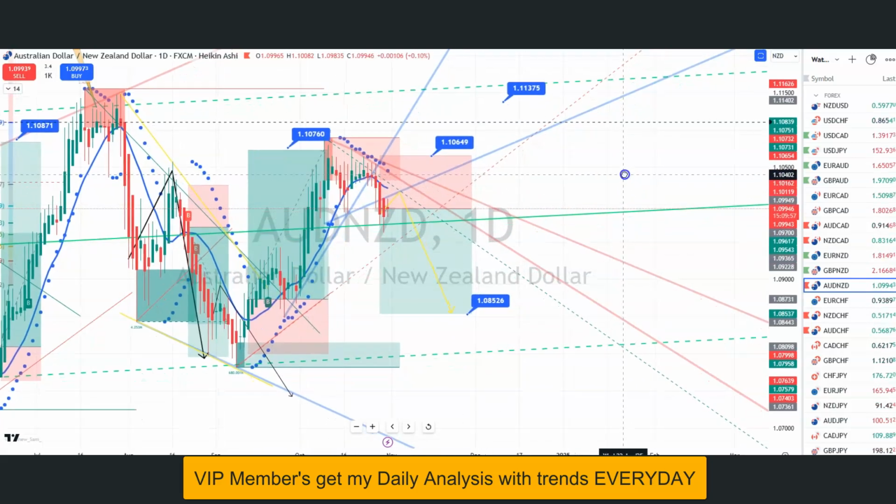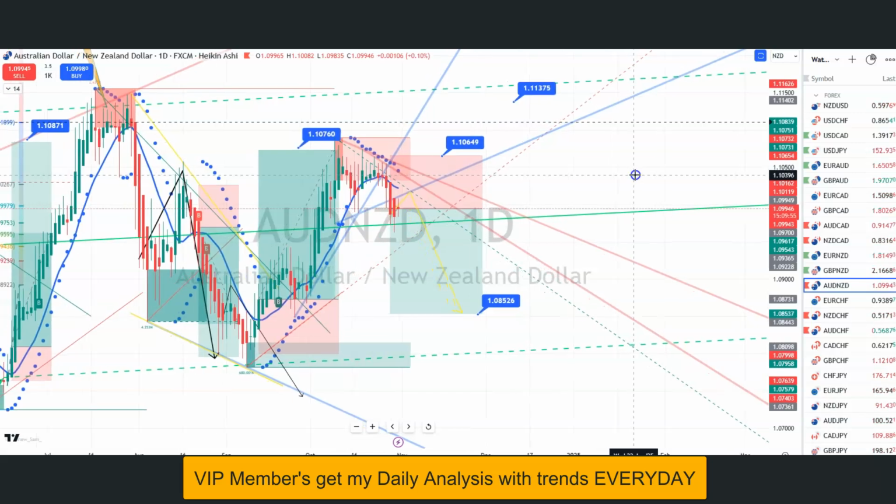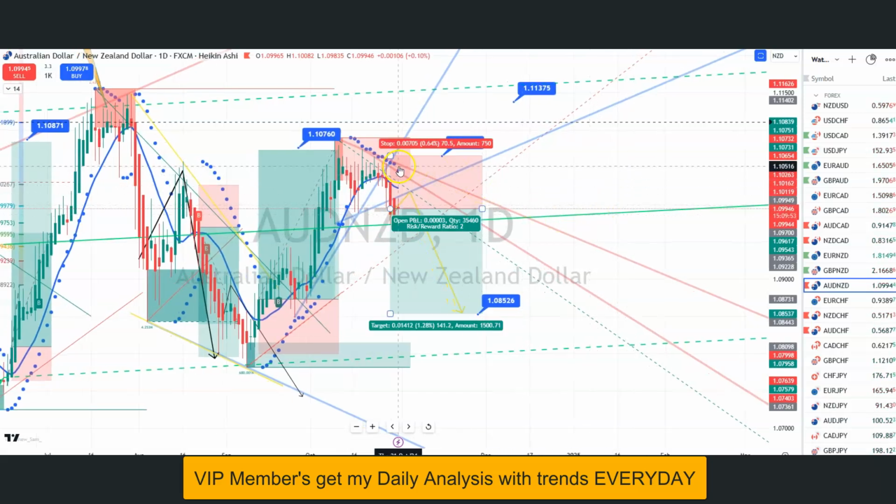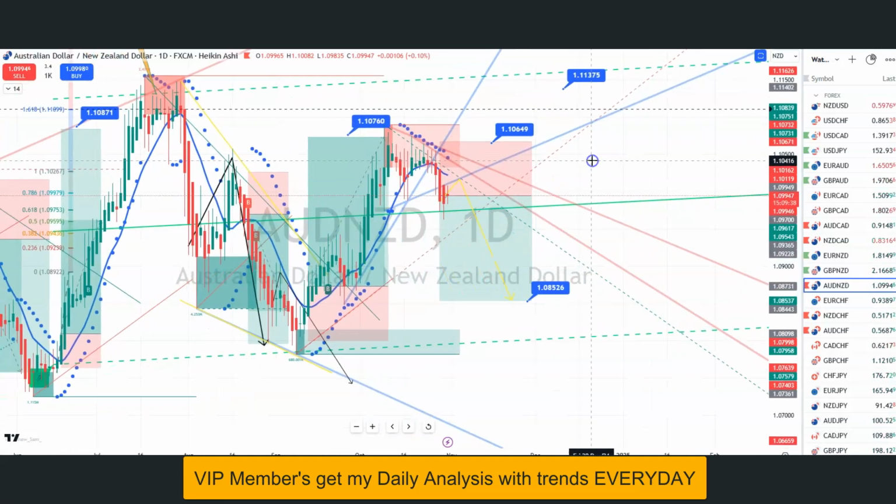So we do expect this further decline. And again, in the same way, we can just relax, just move our stop just above the blue line maybe. So our stop will be up here initially with 2% risk, reducing it to 1% at some stage, and then have a free trade.